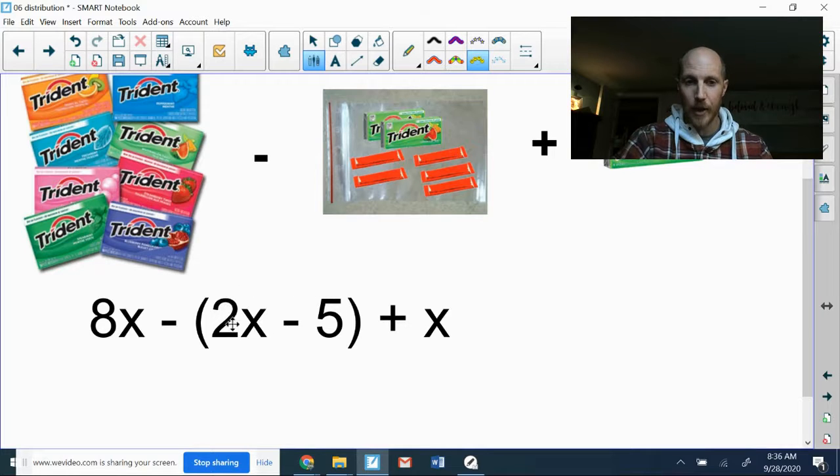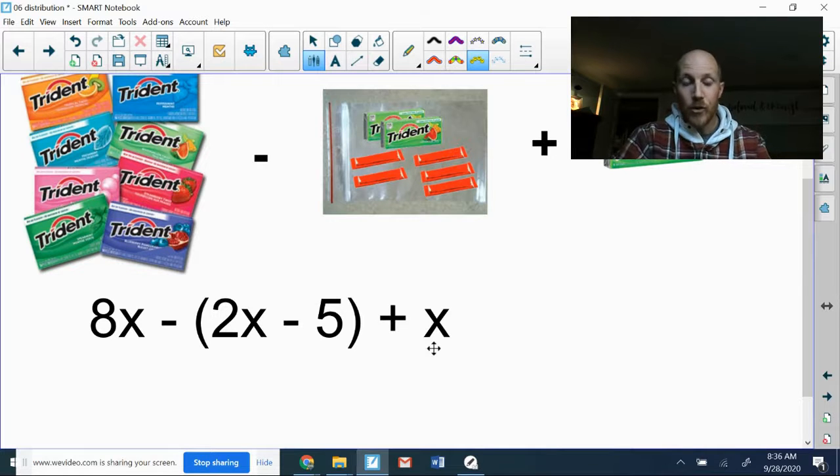Inside that Ziploc baggie, there were 2 packs, so that's going to be 2x. And then the empty wrappers, those count minus. So the empty wrappers is going to be -5 because from the 2 full packs, it's not actually 2 full packs of gum anymore. We took away those 5 sticks and just put back the empty wrappers. Then after all of that, the Ziploc bag is done. We close the parentheses, then plus the 1 more pack of gum that we found in the pocket.